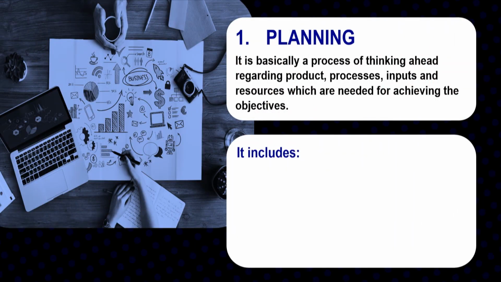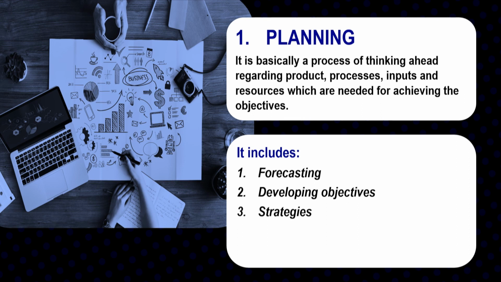It includes number 1, forecasting, that is estimating and predicting the future conditions and events. Number 2, developing objectives, that is determining the results to be accomplished. Number 3, strategies, that is delineating the action steps necessary to achieve the desired results.